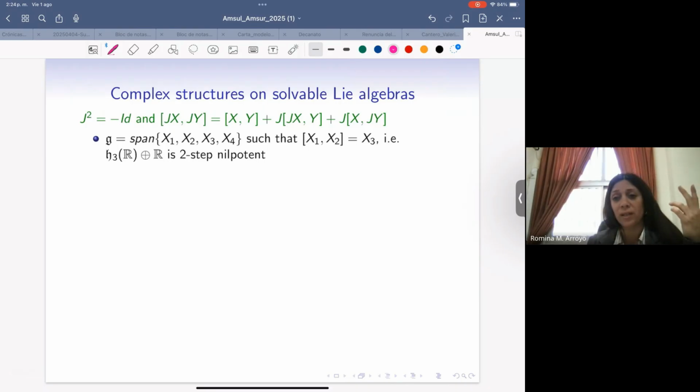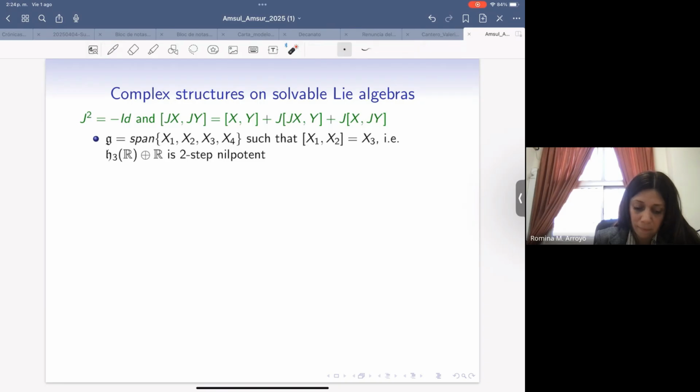In dimension 4, there exist 3 nilpotent Lie algebras up to isomorphism, and one of them is this one. You can consider a vector space of dimension 4 with this bracket.